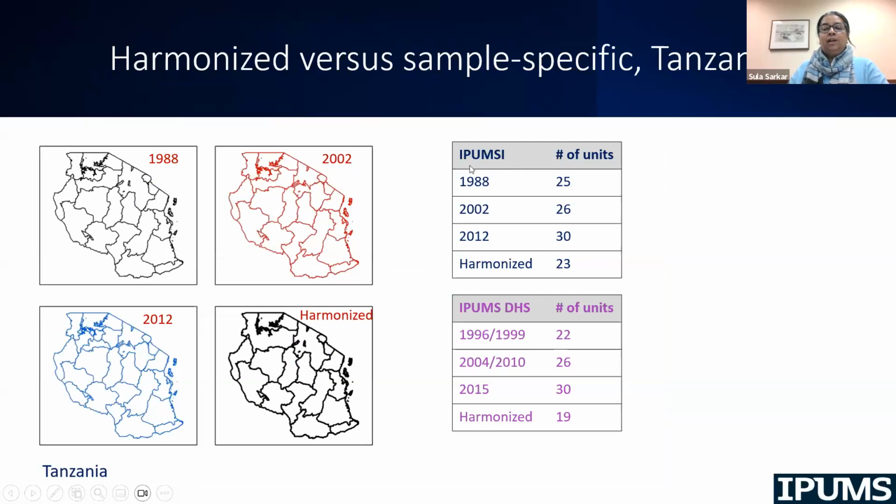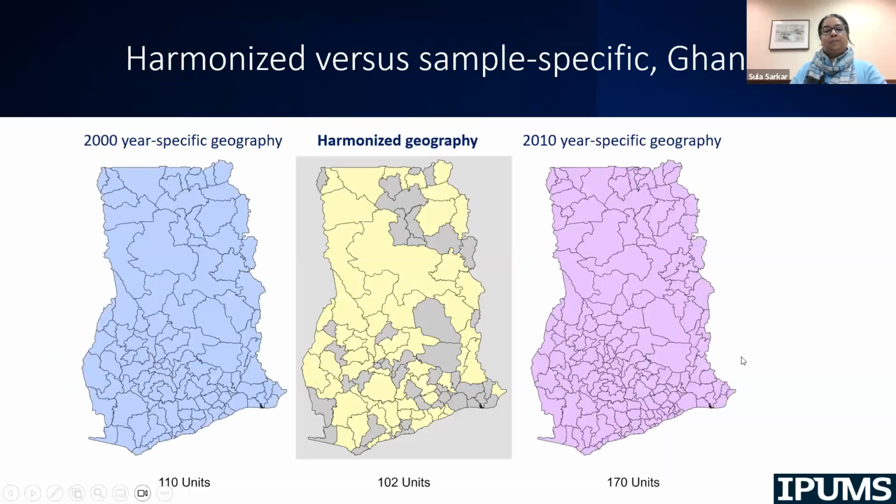So in the IPUMS International census data, in 1988 you have 25 units, and in 2012 you have 30 units, but you have 23 harmonized units. And in IPUMS DHS, you have 22 units here. In 2015, you have 30 units, which actually matches with 2012. And if you harmonize it, you have 19 units.